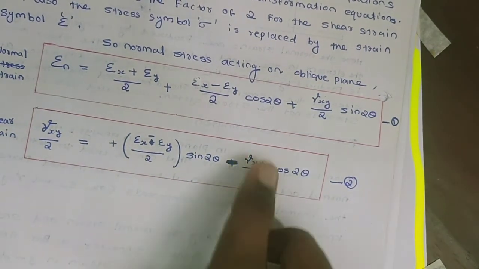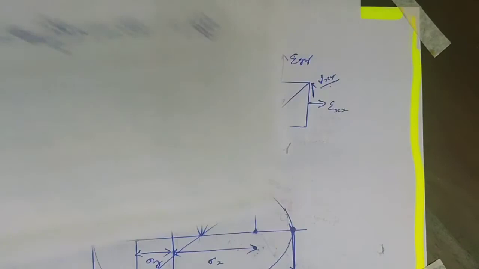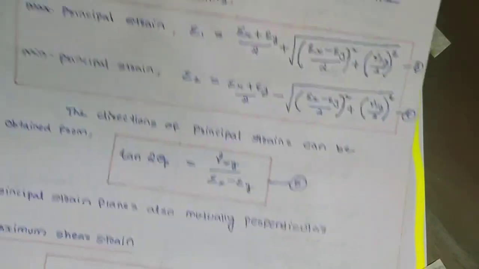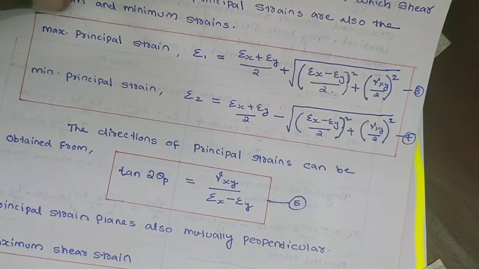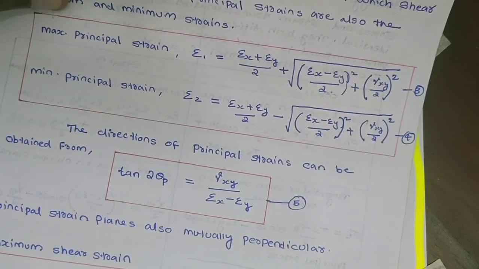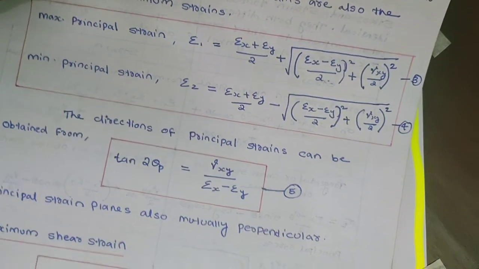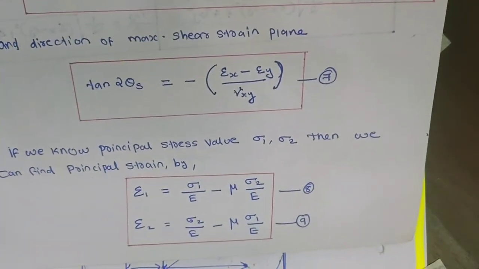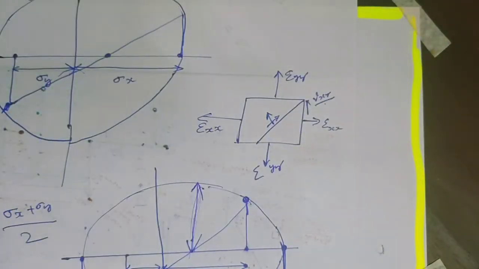All the other terms are the same. Here also gamma xy by 2. And for principal strain, maximum and minimum principal strain, this is the equation. We replace everything with epsilon x and gamma xy. See this. Okay, so change the equation with epsilon and gamma xy.